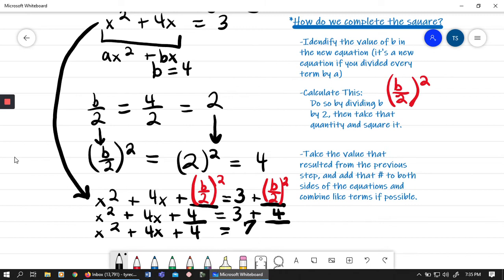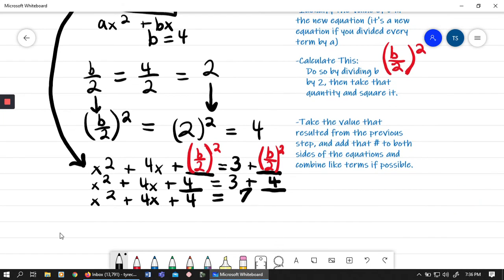So now we've got yet another new equation, formed by adding that number to both sides. The next step is to rewrite our quadratic trinomial, the expression on the left side of the equation, or whichever side you've got a quadratic trinomial on.